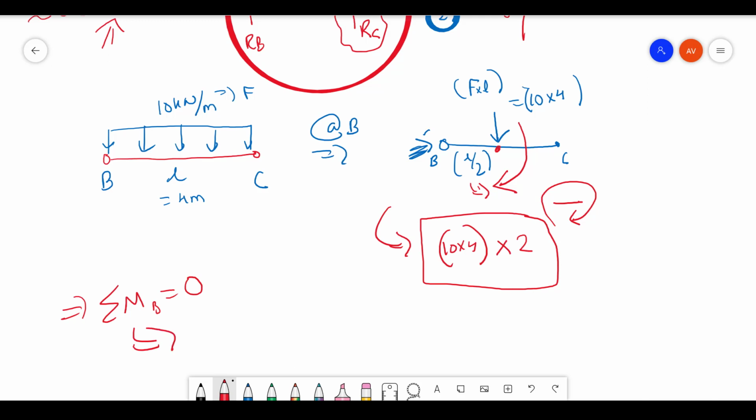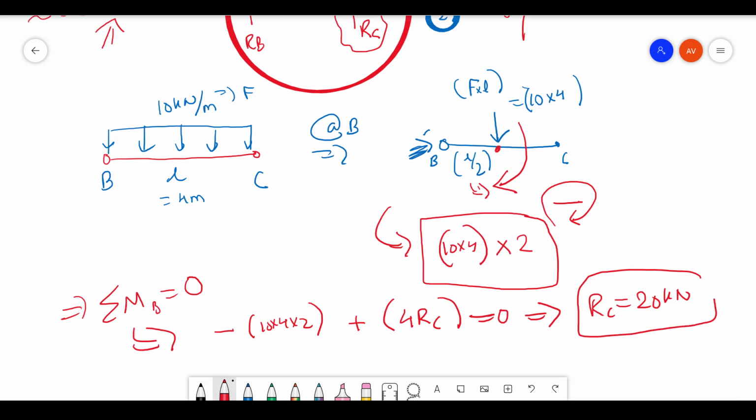That means you have a negative of 10 into 4 into 2, and a positive of the previous quantity, 4 into RC, equal to 0. When you solve this, you get RC equal to 20 kilonewton. RC is positive, which means we took the correct direction of force, so the force is going to be like this for RC.